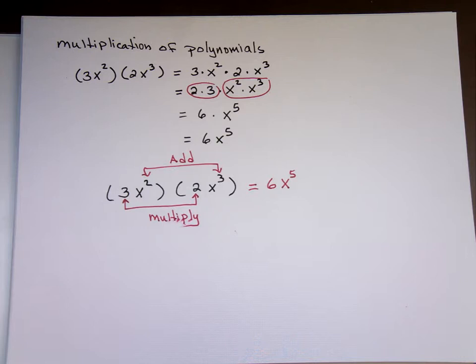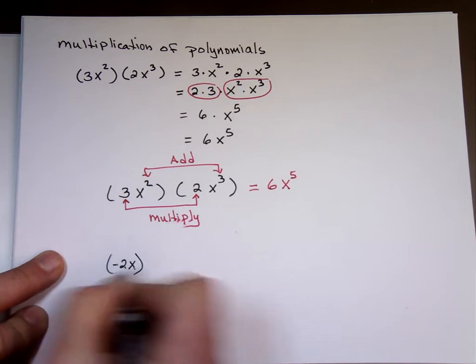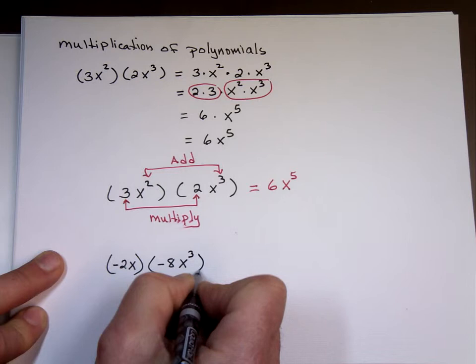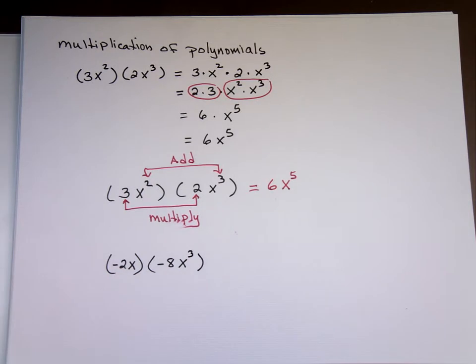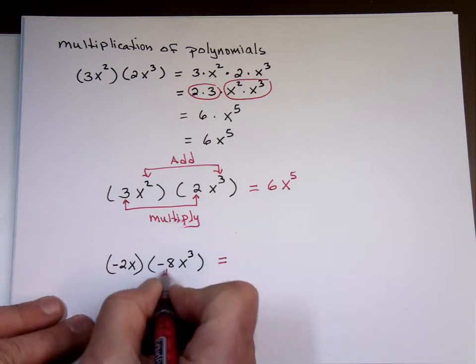Let's try another one. Negative 2x times negative 8x to the third. Let's apply that logic there. Multiply the 2 numbers here.